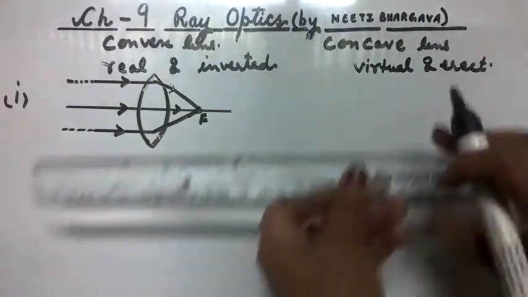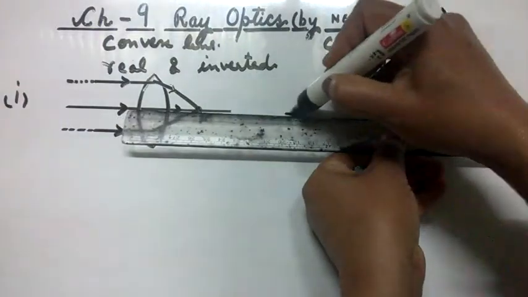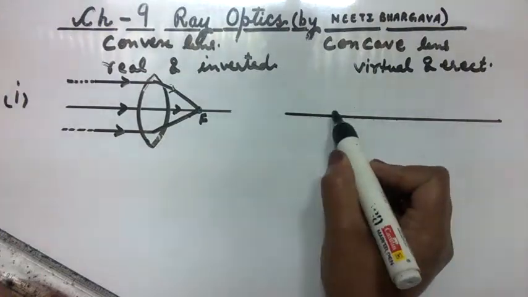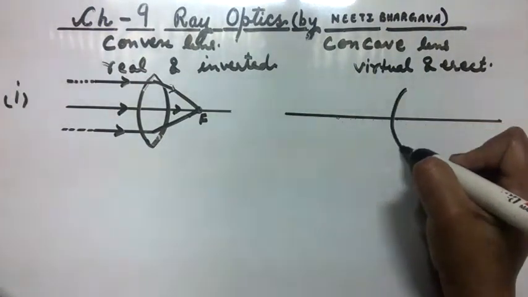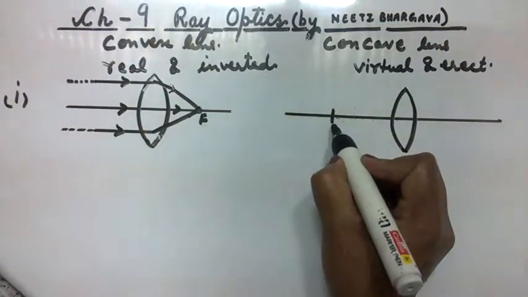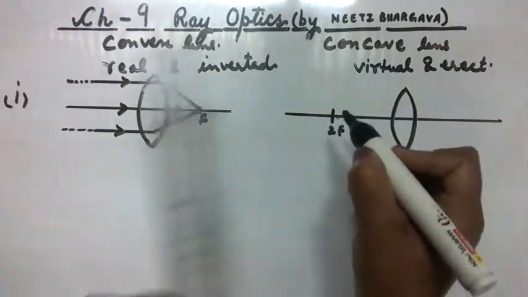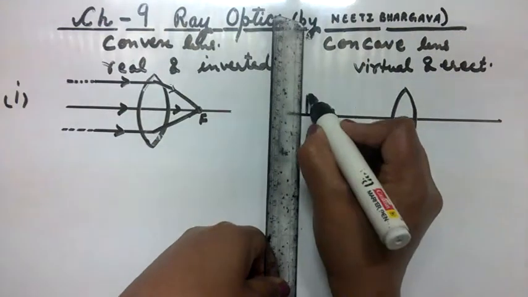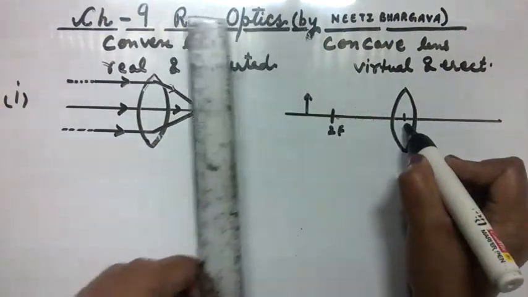Now the second is when the object is placed between 2f and infinity. That is, let it be 2f and the object is placed beyond it. This is the optical center.